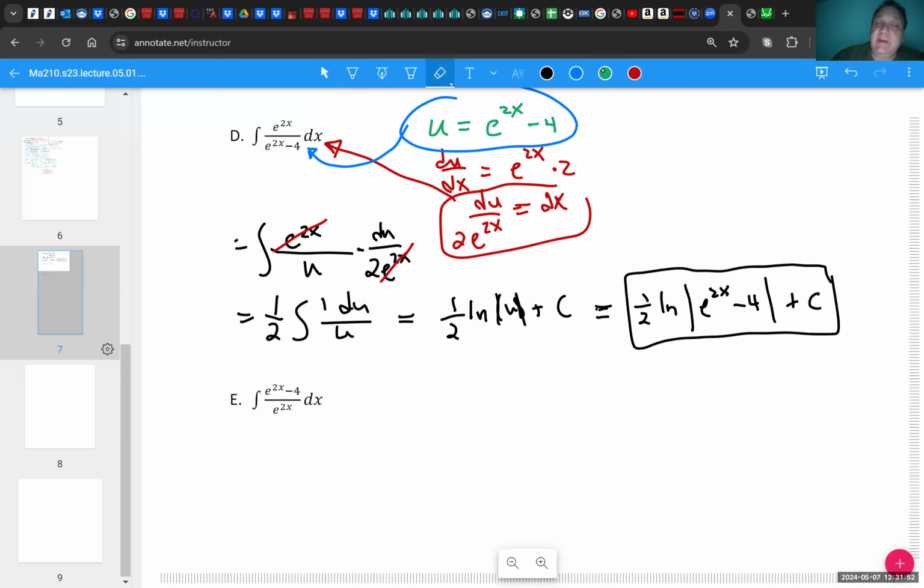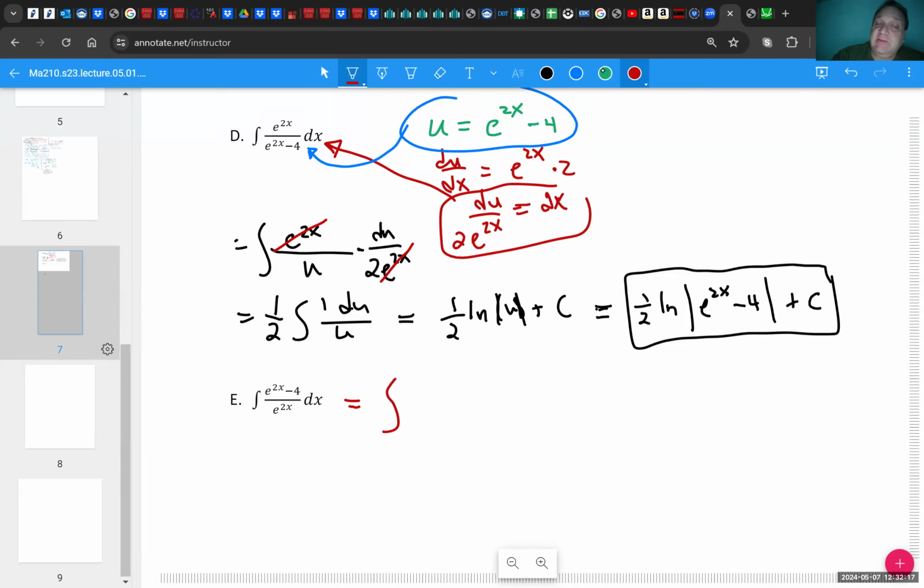What I want to point out here is that not every problem is going to be simplified using substitution. We're going to be simplifying all these things, but don't just have a one-track mind. Don't get so focused on substitution that you forget about the fact that we can just use the distributive property.